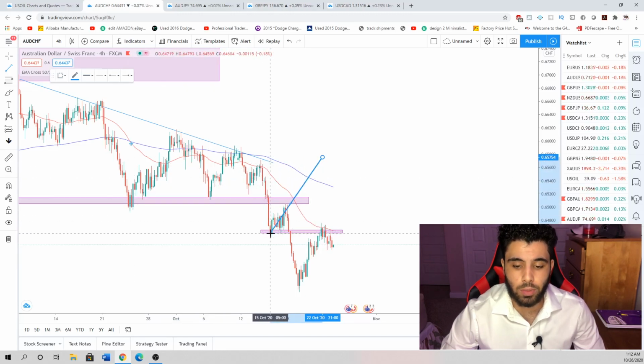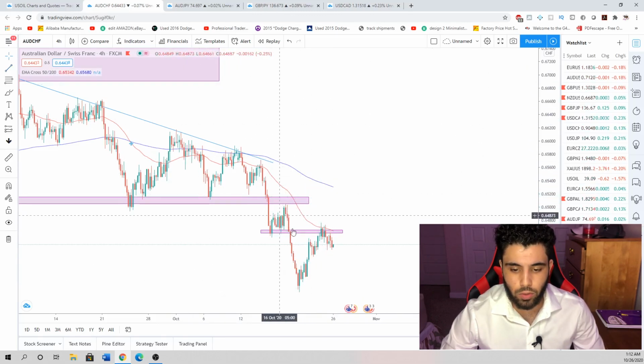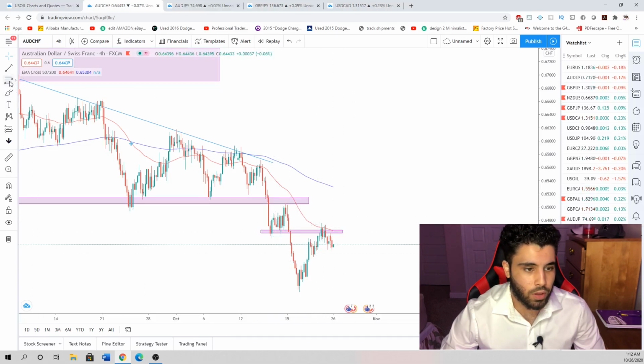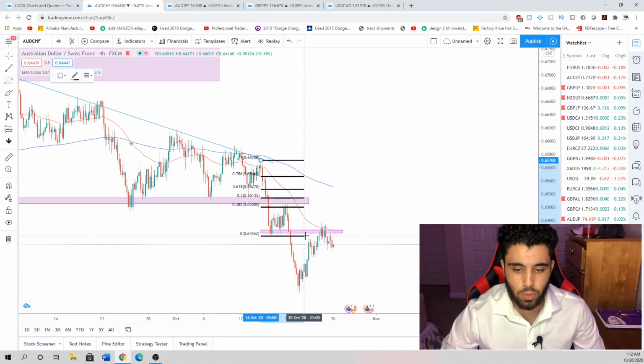We expect a retracement to the upside before continuing the downtrend. Let's say this is a live chart and we don't see all of this stuff. Let's put our Fibonacci from the high to the low of this move. And what do we see here? Price retraced right to the golden zone, the 0.382, and then continued its downtrend.